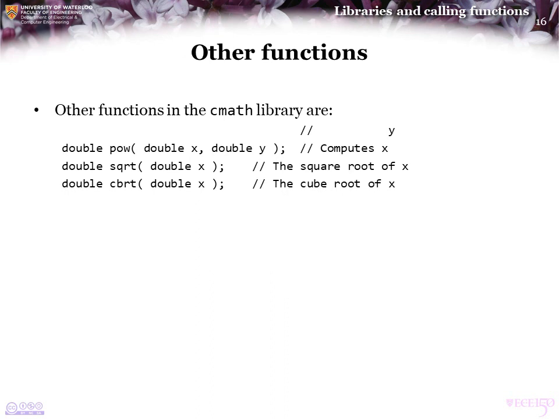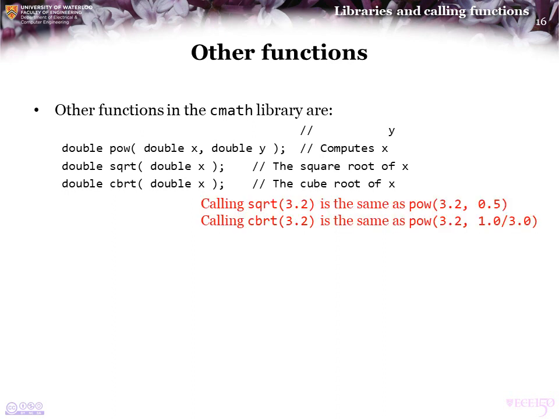Now, other functions in the cmath library include the function we've already seen, pow, which takes two arguments, x and y, and calculates x raised to the power y, if defined. However, there's also the square root function and the cube root function. Now, calling square root of 3.2 is the same as calling pow of 3.2 with an exponent of 0.5.